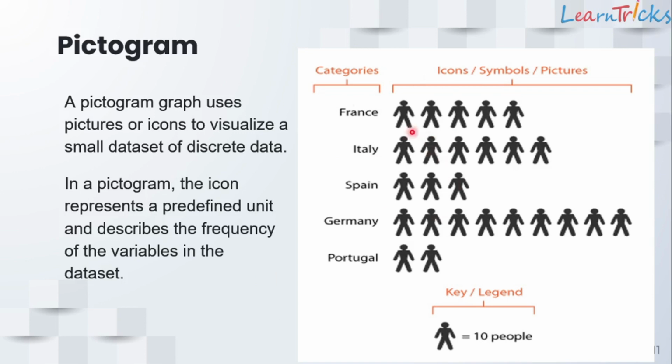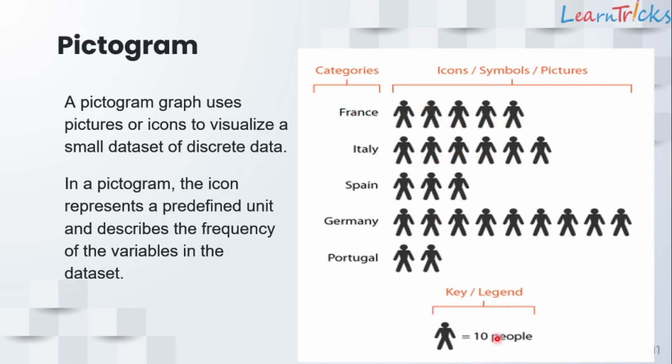So here we can see there are categories and there are icons, symbols or pictures. The categories are France, Italy, and so on, the names of countries, and there are icons for the respective values, say 5 icons, 6 icons, 3 icons, 2 icons, etc.